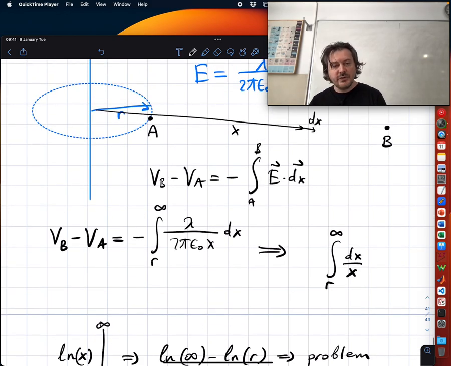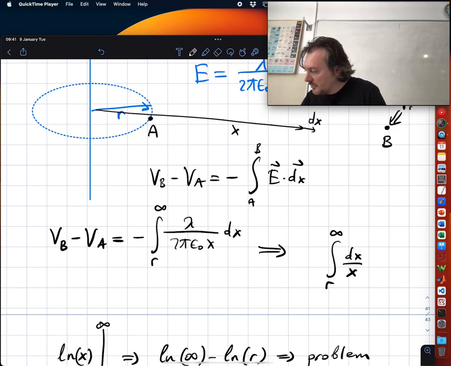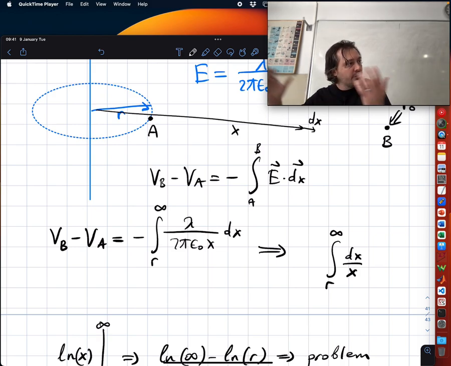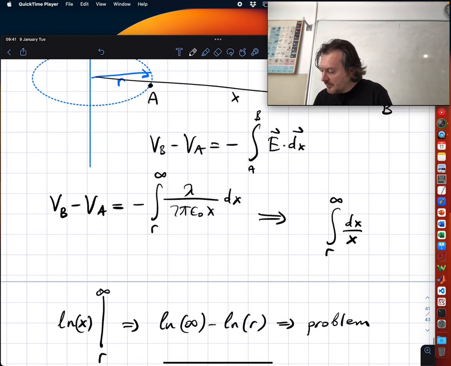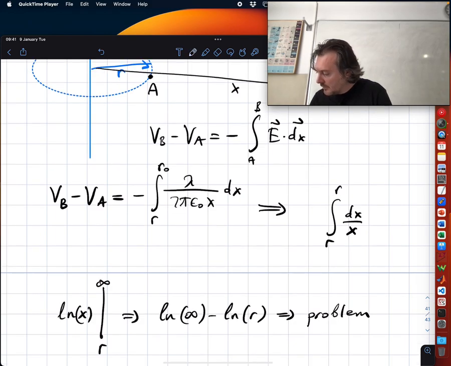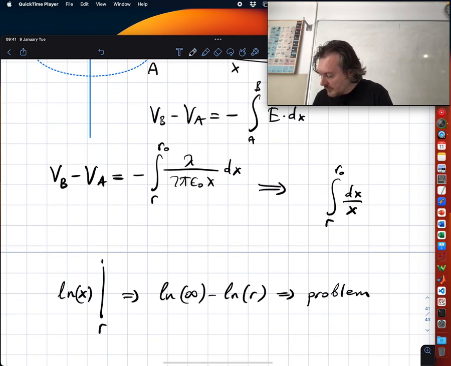So instead, just for this kind of cylindrical geometries with infinite charges, you need to define B to be not at infinity but at some far distance or close distance, doesn't matter, at some r0. Could be closer to the wire, could be further away. You need a reference point. Then you just integrate until r0. So you need another parameter here.